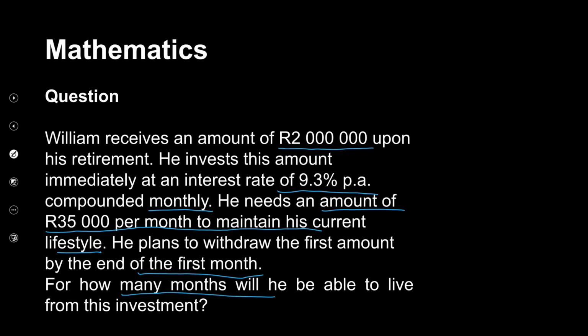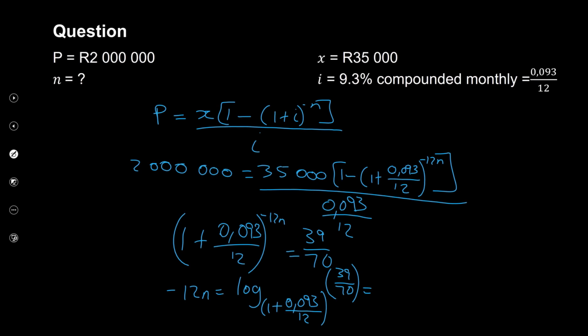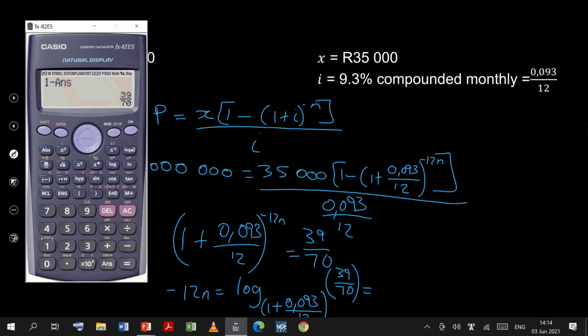So that means we do not need to convert what we are going to get here into years after we get it. So this is going to be the log of, down here it will be 1 plus 0,093 over 12. That's my base. And in there, it's going to be the answer, which is the same as 39/70.